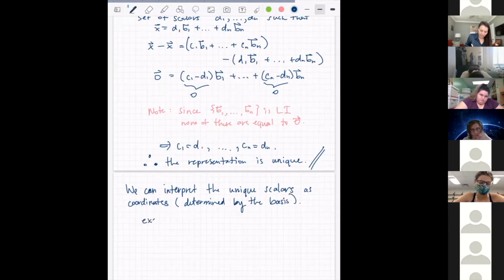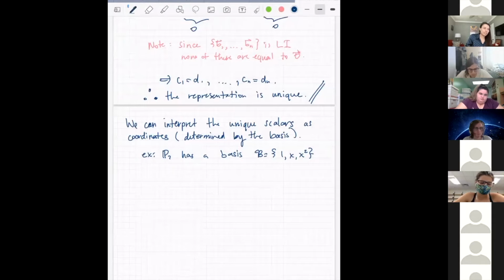So for example, going back to P2, we know this has a basis 1, x, x squared, right? And if we look at P of x, that looks like this: 5 plus 2x plus 3x squared.